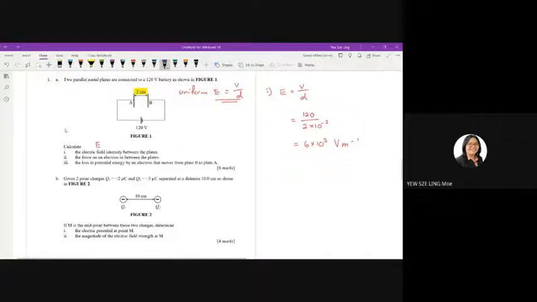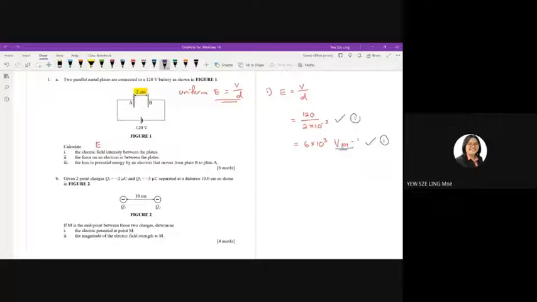For this question, if you got the substitution correct, you get 1 mark, and if you got the final answer with the correct unit, you score the second mark. So 1 mark for the substitution, 1 mark for the final answer with correct unit.